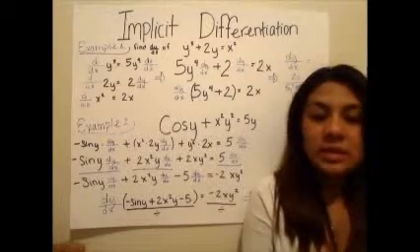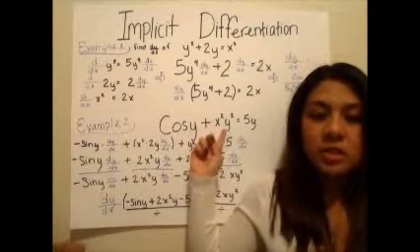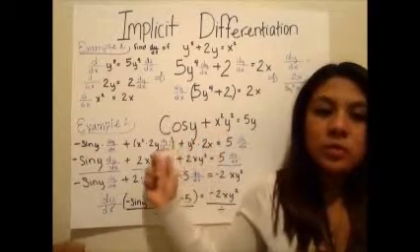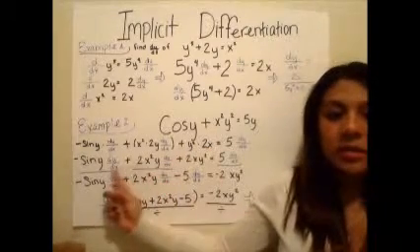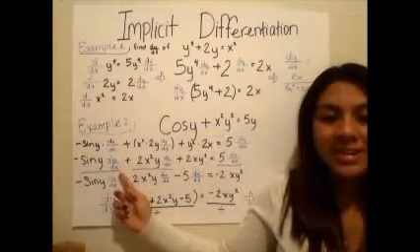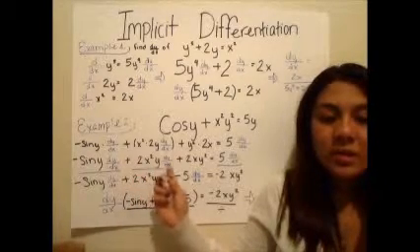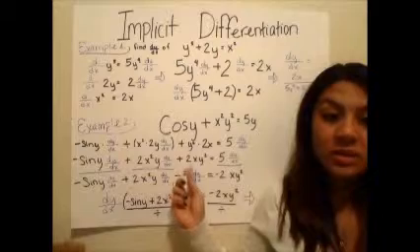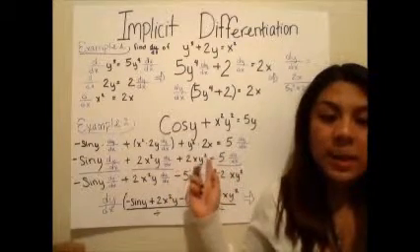And basically for this middle expression, you did the product rule, which is why this happened right here. And then you're going to get negative sine y dy over dx plus 2x squared y dy over dx plus 2xy squared equals 5 dy over dx.